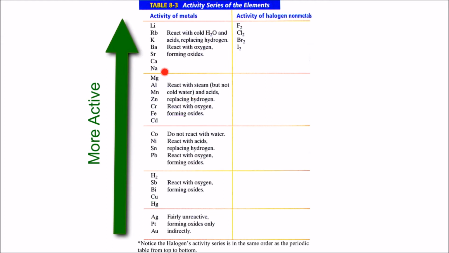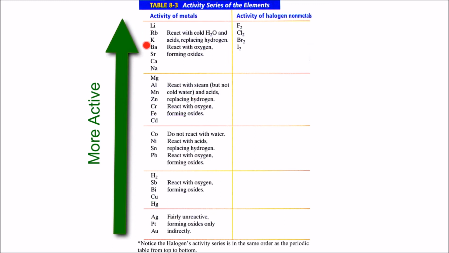Now within each of these little blocks here, we have some extra information, and that extra piece of information only applies to the elements within this little block. Okay, so this is for the overall table as a whole, and this is just for this little block of elements that we're talking about. These elements here can react with cold water and acids to replace hydrogen, and they react with oxygen to form oxides.